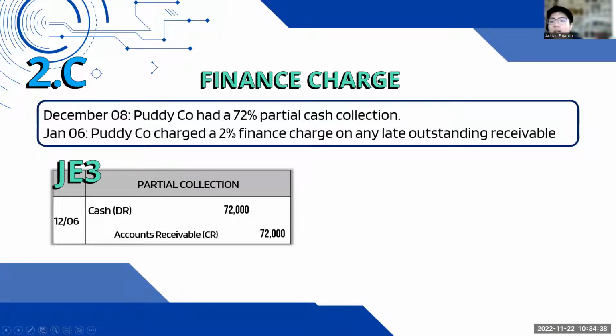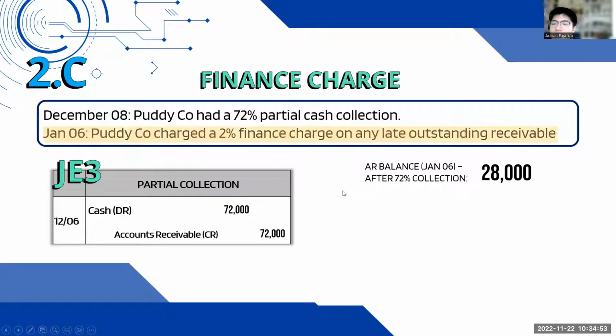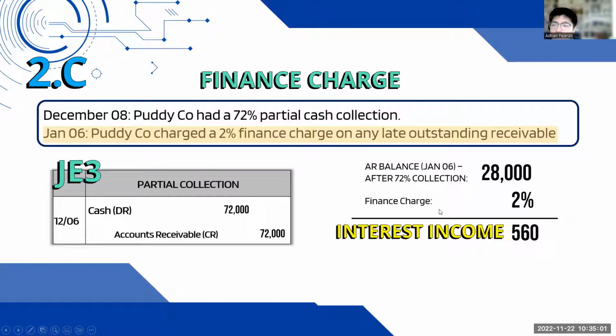Padico was charged a 2% finance charge on any late outstanding receivable. So si Padico, yung utang niya, na-charge-an siya ng 2%. So therefore, we first ask ourselves, what is the balance? So we have 28,000 na balance, and then we had the finance charge of 2%, and therefore the interest income that we're looking for is 560, right?